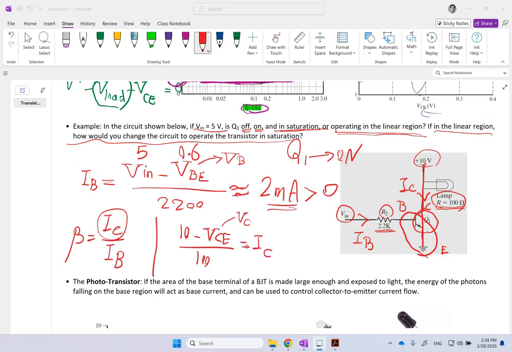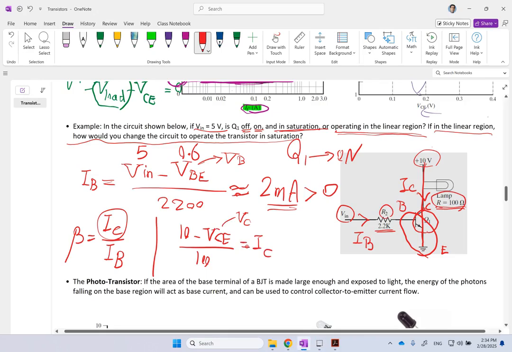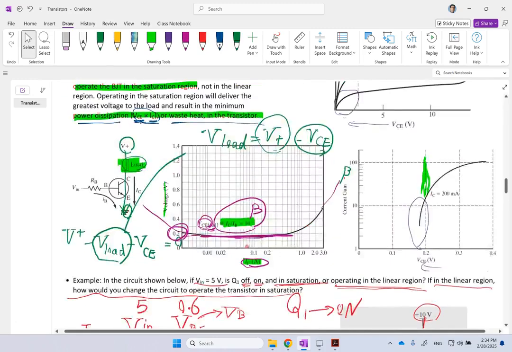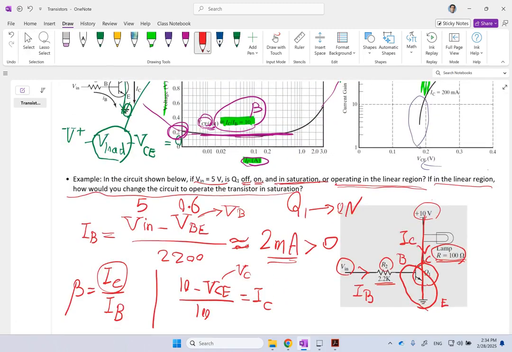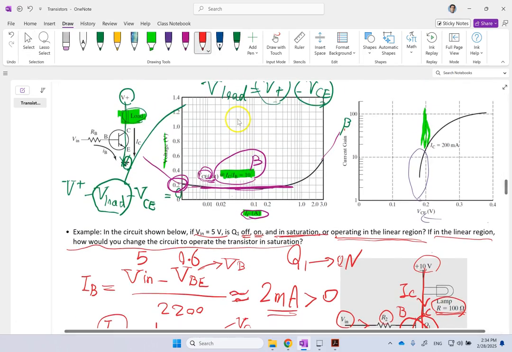Now here, as I said, VCE is the same as VC because V of E is 0. So how much is VCE? As I said here, you can see that if you assume for a moment that you are in the saturation region, because here you have two unknowns, IC and VCE, and you don't have both of them. But if you go and look at this graph, in the saturation region, you can see that your V of CE is somewhere around 0.2.